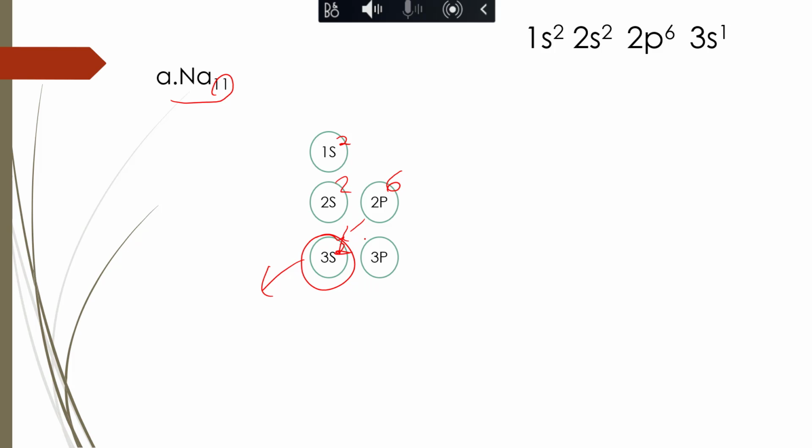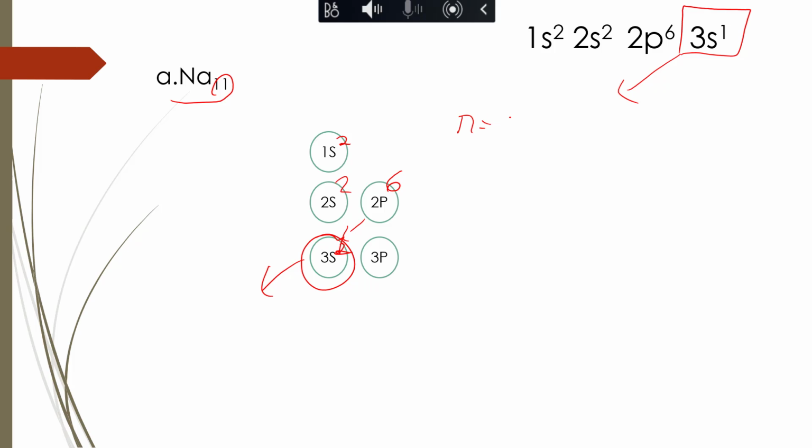This electron will fall in the 3s. So because the electron count is only 11, the outermost will be 3s1.